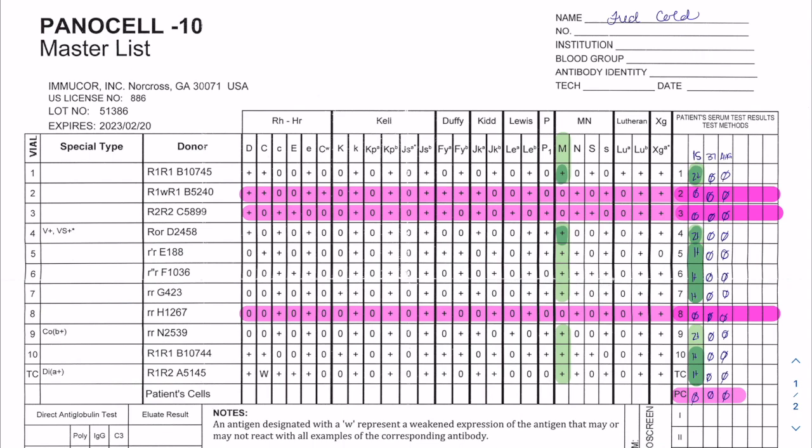Now, on these ones, I'll go ahead and change my color again. These are heterozygous. We have M and N on these cells. See that? And this is where we have the 1+. Again, here's another heterozygous cell, 1+ reactions.